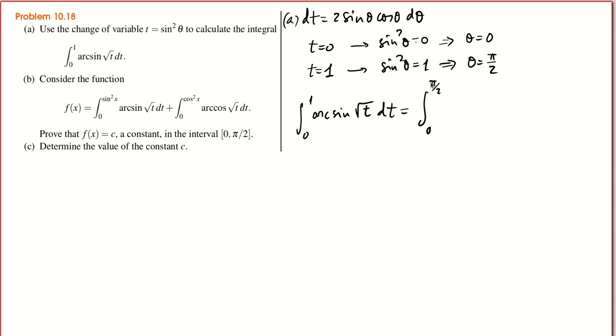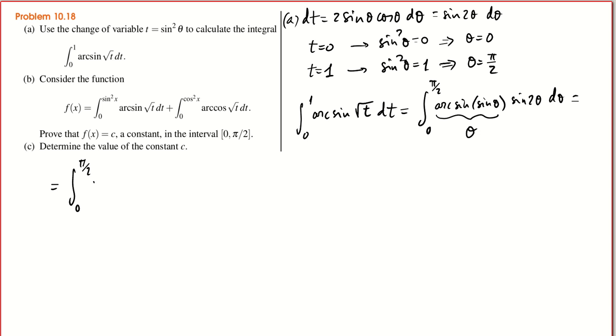So what we have here is the arc sine of the sine of theta, and then we multiply by 2 sine theta cosine theta, which is just the sine of 2 theta d theta. Now this here is just theta, since it's the arc sine of the sine. So what we have is the integral from 0 to pi half of theta sine of 2 theta d theta.